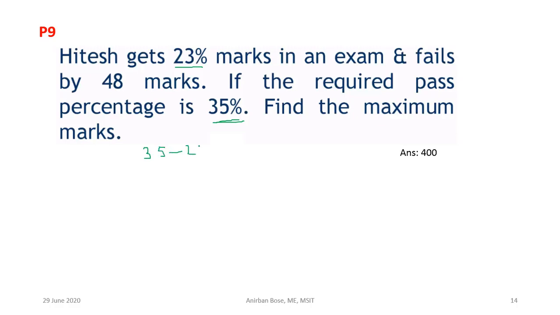What is this quantity? That is 12. So this 12% basically corresponds to what? These 48 marks, because he failed by 48 marks. If 12% is 48, then what is the total marks? That means 100% corresponds to what? Simple unitary method, 48 by 12 into 100. So it will be 4 into 100. So the answer is 400.